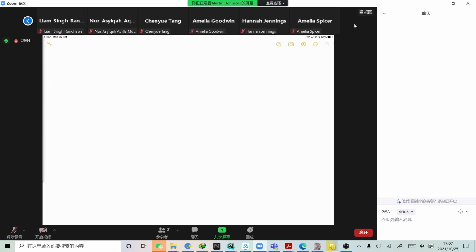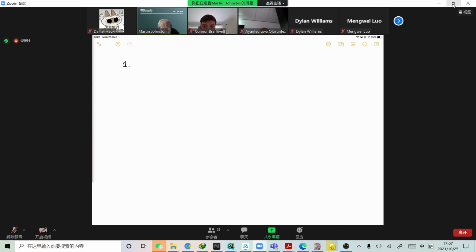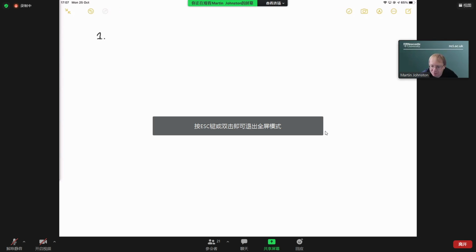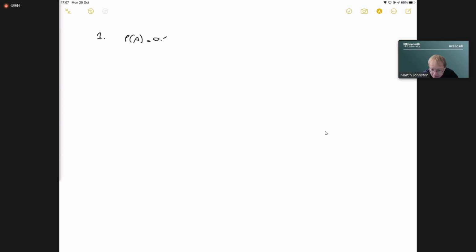Okay, so I can see that. Right, so question 1. We have a discrete memoryless source with eight symbols, and so we need to know the probabilities of all the symbols. So let's write those down.